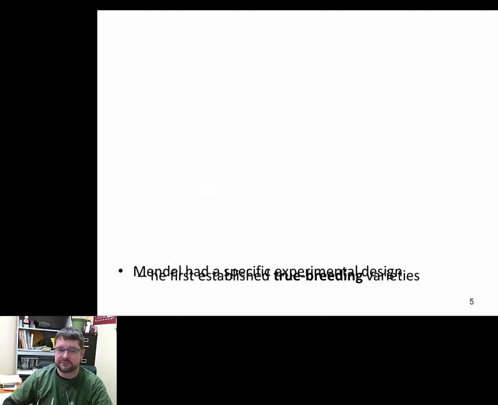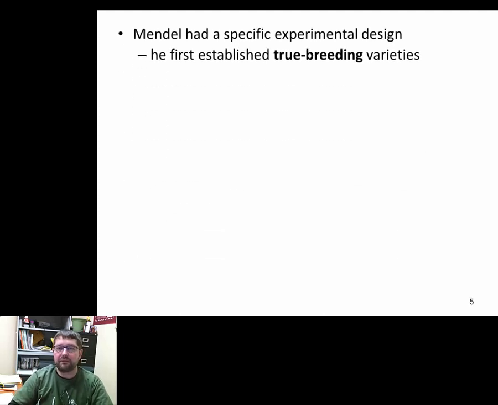Okay. So Mendel's first experiment was to design what we call true breeding varieties. So he first had to establish some true breeding varieties. And a true breeding variety is one where every time you self-reproduce that variety, it gives you the exact same character.